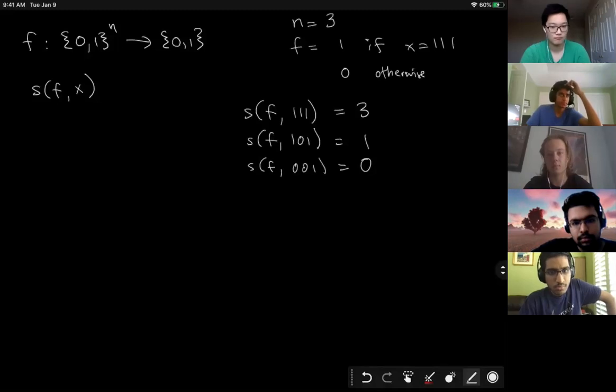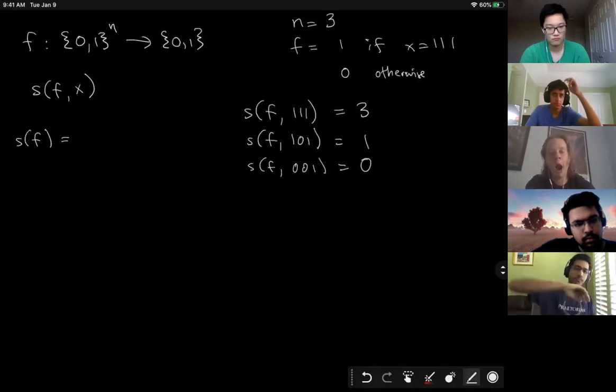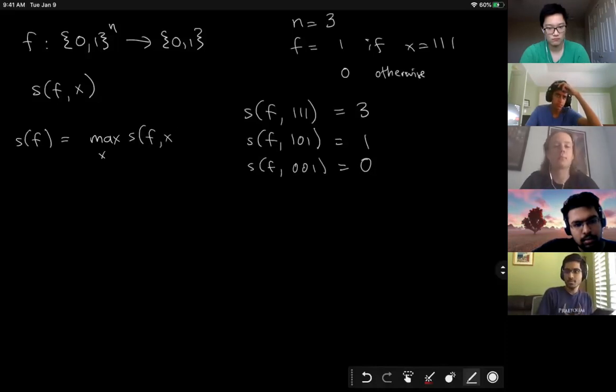So this is the sensitivity. It's called the local sensitivity, where it takes in a function and an input. The sensitivity of the function itself is defined as the max over all x of s(f,x).